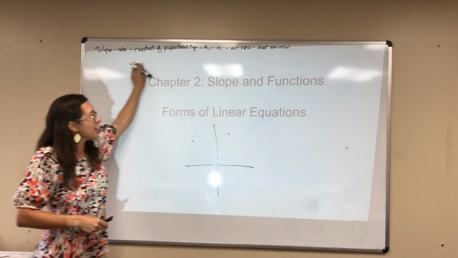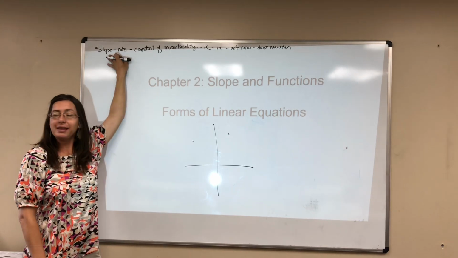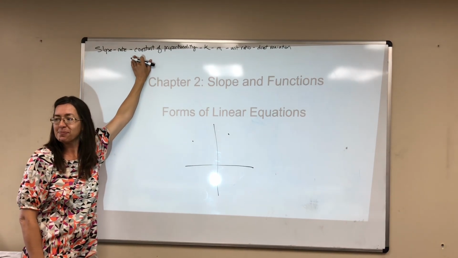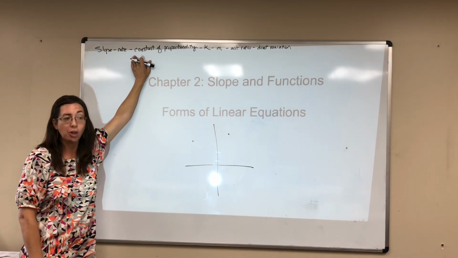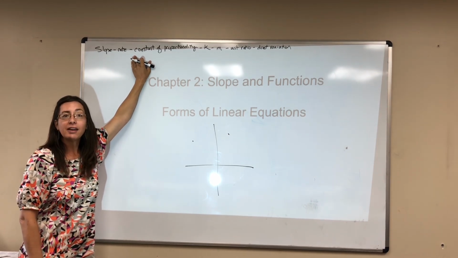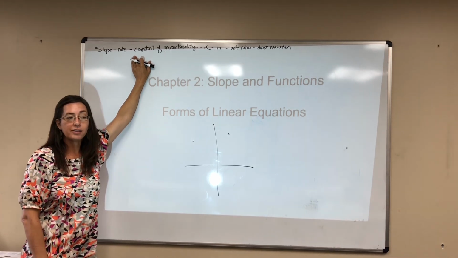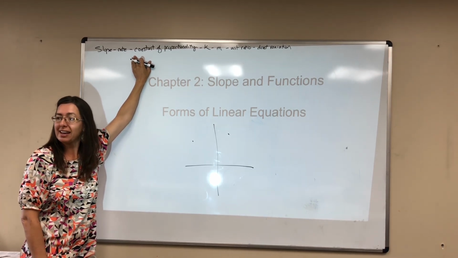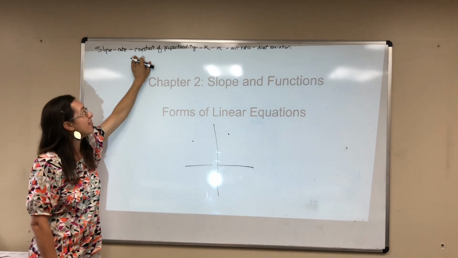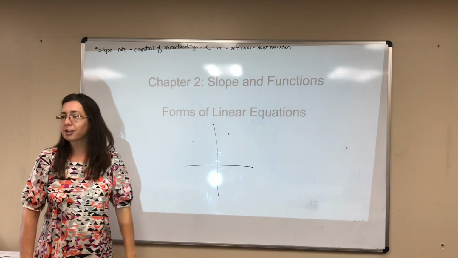So I wrote up here all of these terminology words that all mean the exact same thing. All of these mean slope. So when you are reading a word problem, or when they ask you on the ACT or on an exam or a CLEP exam, and they use these different terms, you can go, oh, it's just slope.